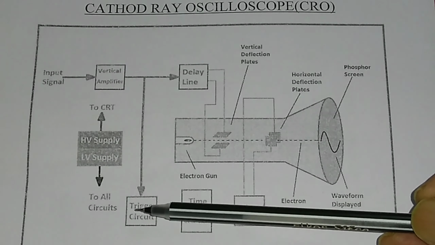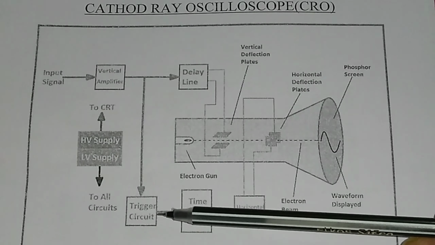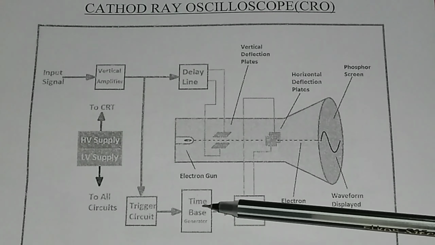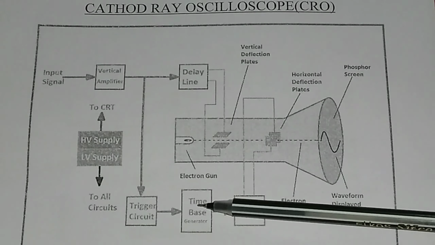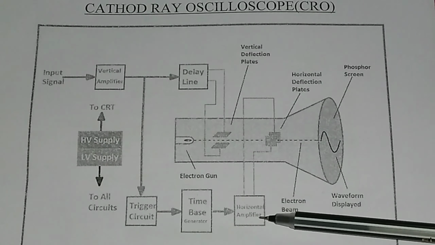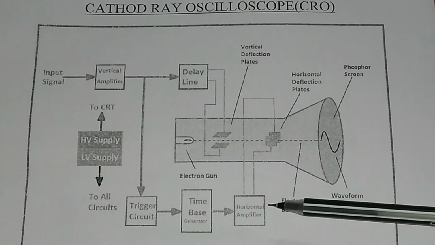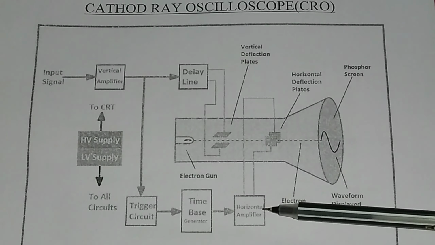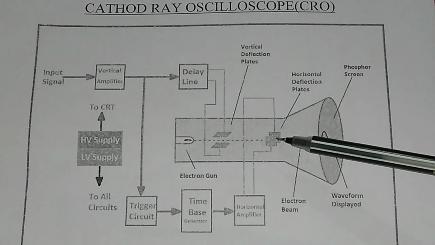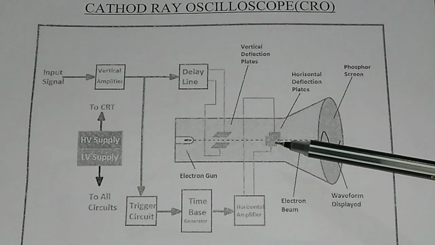You have a trigger circuit in the CRO. Then after passing through the trigger circuit, the signal goes to the time base. This is the time base generator. Then the signal goes to the horizontal amplifier, and after the horizontal amplifier the signal is given to the horizontal deflection plate. This is the horizontal deflection plate.